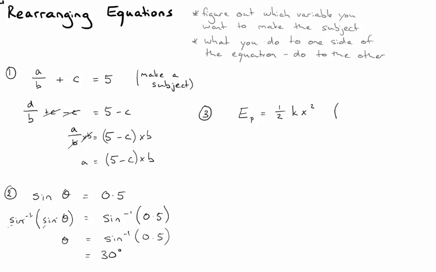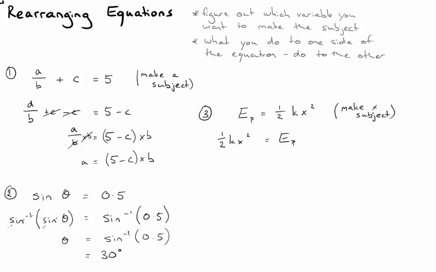And we want to make x the subject. I like to start with the thing that I want to make the subject on the left hand side, so I'm just going to rearrange this. 1/2 kx squared is the potential energy. I haven't done anything really to it, I've just swapped the sides over.